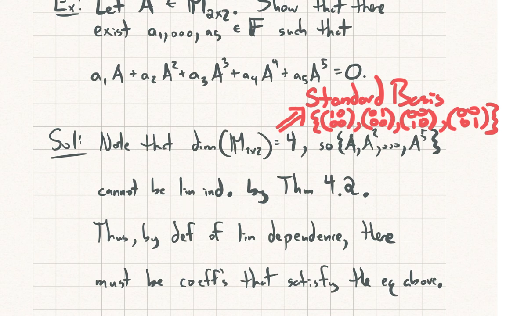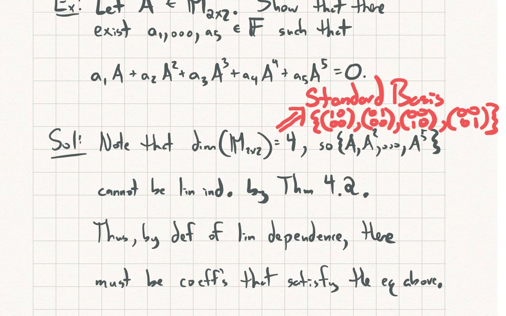Well, first of all, we know that the dimension of the vector space is 4, so there's no way that a set of 5 vectors is linearly independent. So that's by theorem 4.2. So we already know that. So that tells us by the definition of linear dependence that there has to be a set of coefficients which aren't all 0, at least one of them is non-zero, where a linear combination using those coefficients gives us 0.